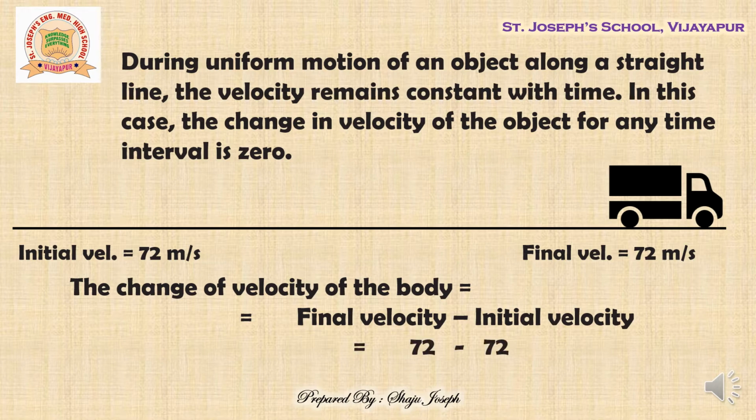Both are the same, so 72 minus 72 is 0. So the change of velocity, especially when the body is undergoing uniform motion, is 0.